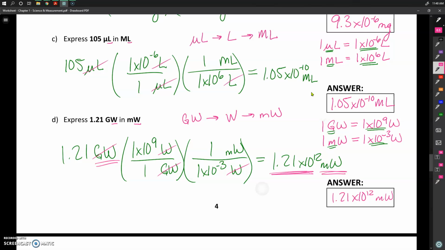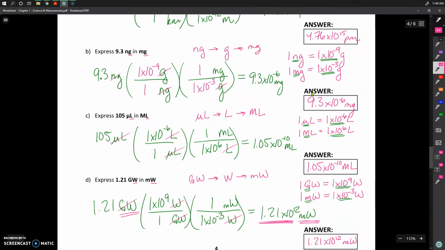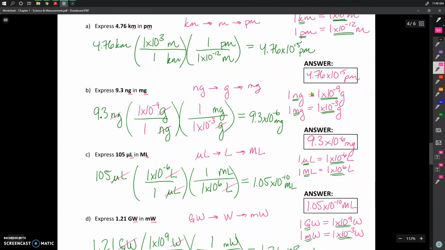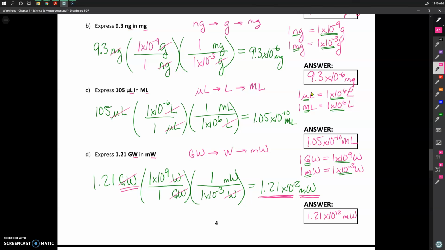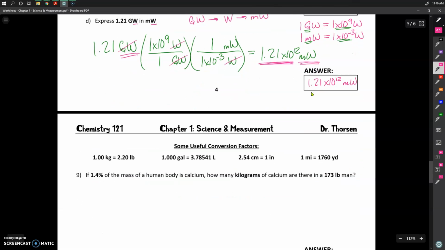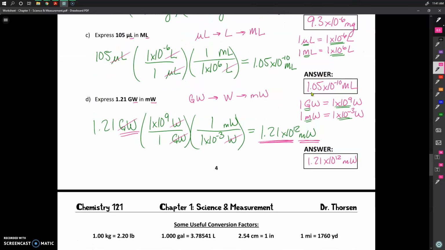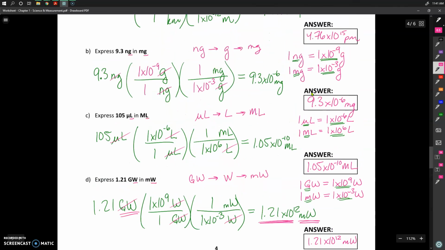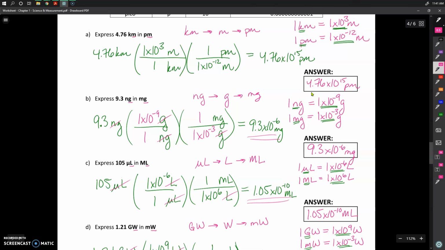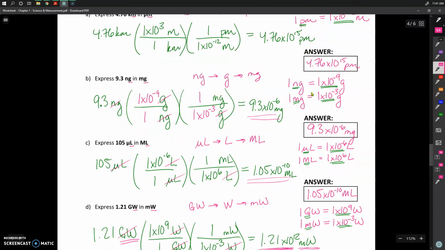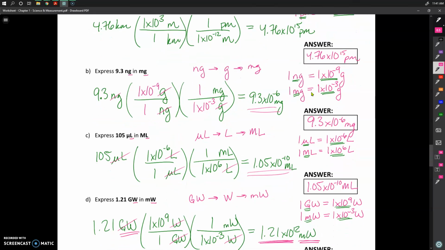Okay, I hope this was helpful in terms of recognizing how to do these prefix unit conversions. A lot of this is going to apply with regular dimensional analysis as well. So a lot of the things I talked about are useful for the problems that are going to follow in this worksheet, and there will be some separate videos on those problems. Also, if you are not getting these correct numbers for your answers, and your setup is correct, it's most likely because you're not typing things into your calculator correctly.